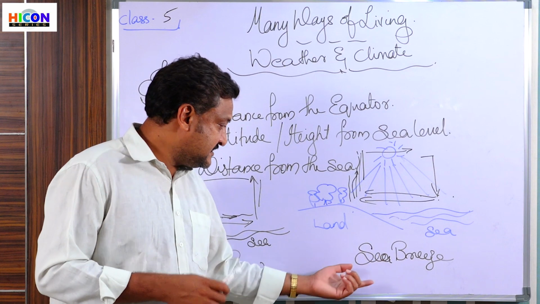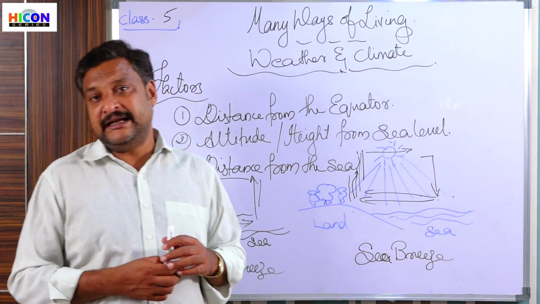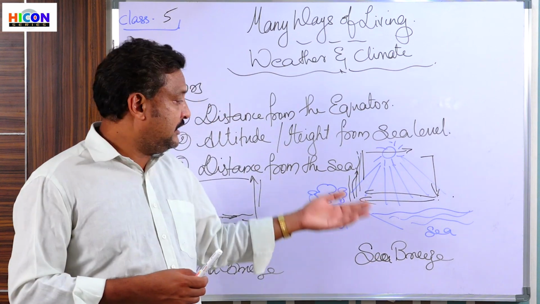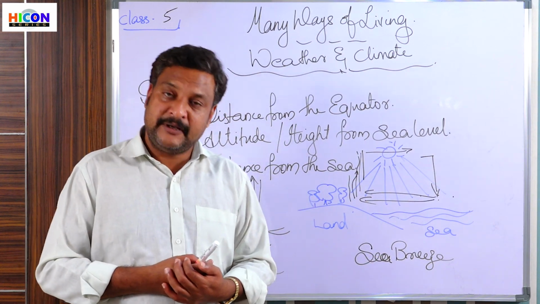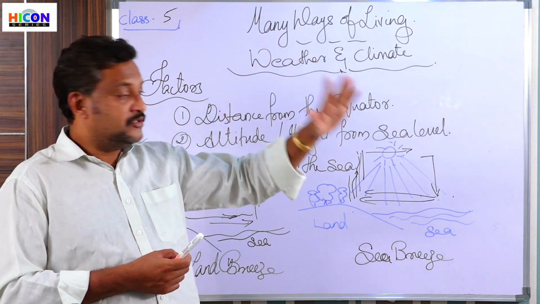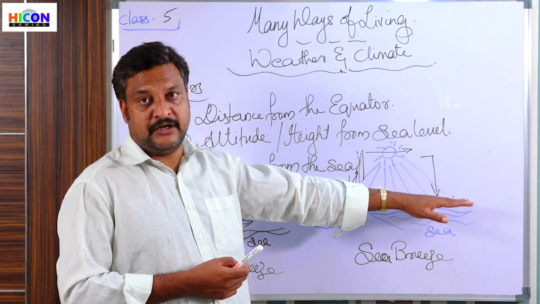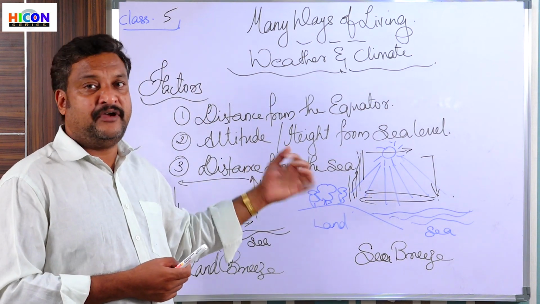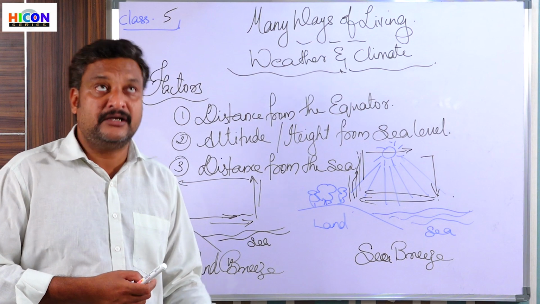Okay. Now, what is a sea breeze? Yeah, during the daytime, the land gets warmer, the air above the land becomes hotter and lighter, and it goes up in the air. The cool air above the sea water flows in, replacing that place where the air on the land rose up.